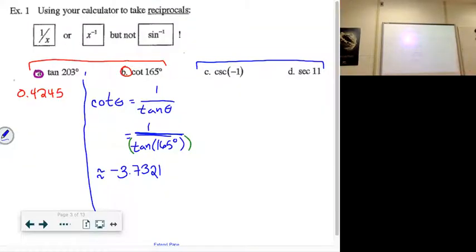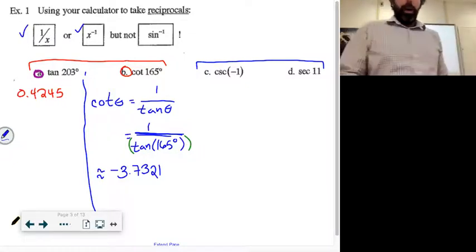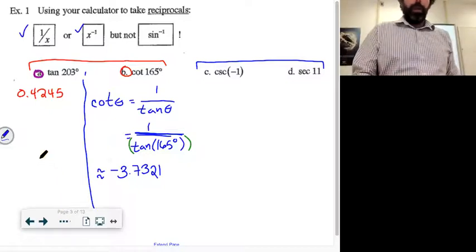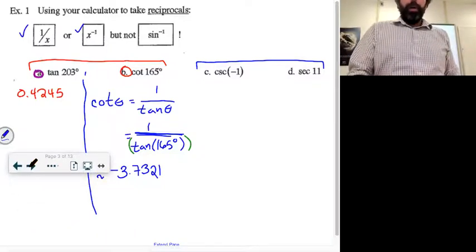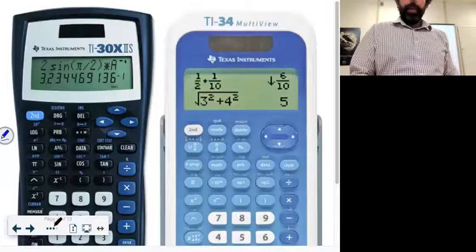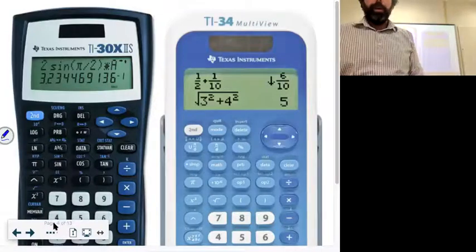Now, alternatively, there are some functions on your scientific calculator that you can use. It really just depends on the calculator, but your calculator is going to have one of these two features. They're the reciprocal functions on your calculator. To give you a sense of where that would show up, I have two common graphing or scientific calculators here.